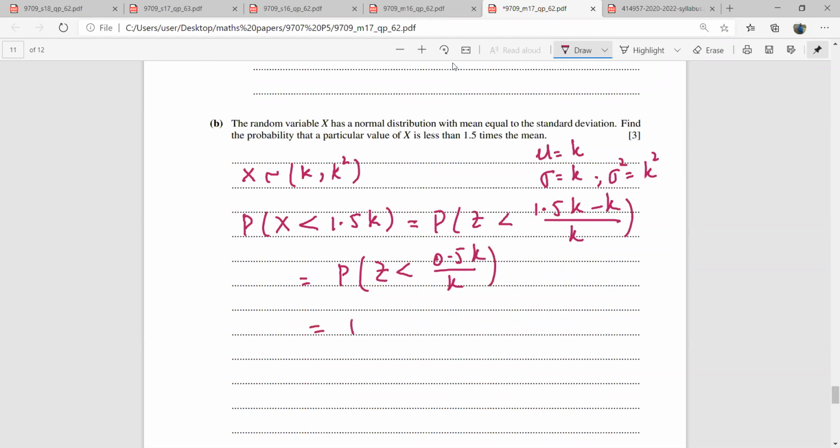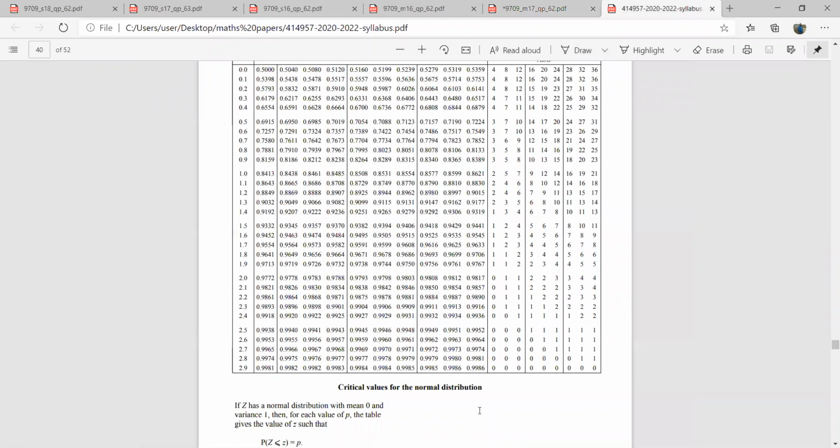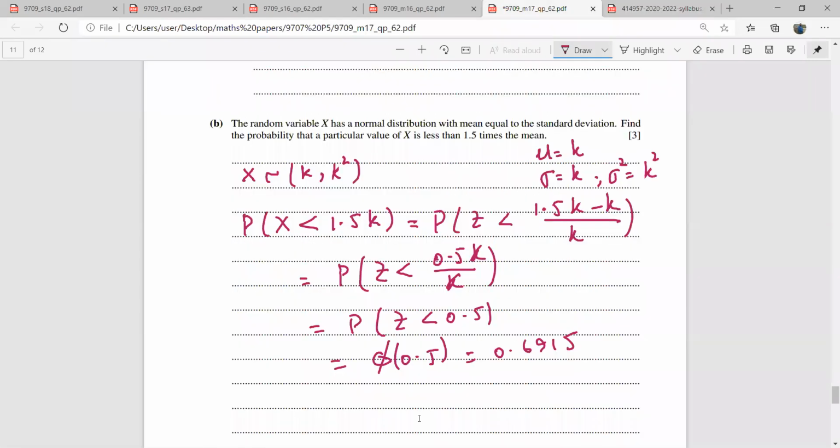So this is the probability that Z is less than 0.5, that is phi of 0.5. What is phi of 0.5? It is 0.6915. So that is the answer. So this is it from this paper's questions on normal distribution.